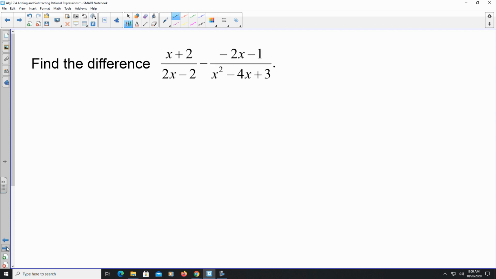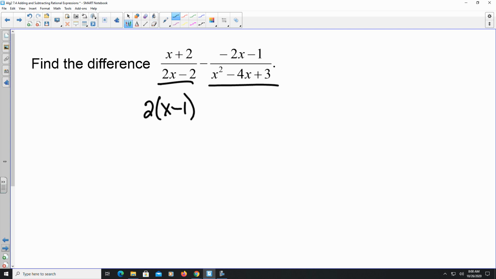All right, so now when it comes to subtracting, same rules apply. What we're going to do is, again, I need to factor out each individual denominator. So I look at 2x minus 2. I can factor out a 2 here, then it becomes, oh, sorry, I wrote it wrong. 2 times the quantity of x minus 1.